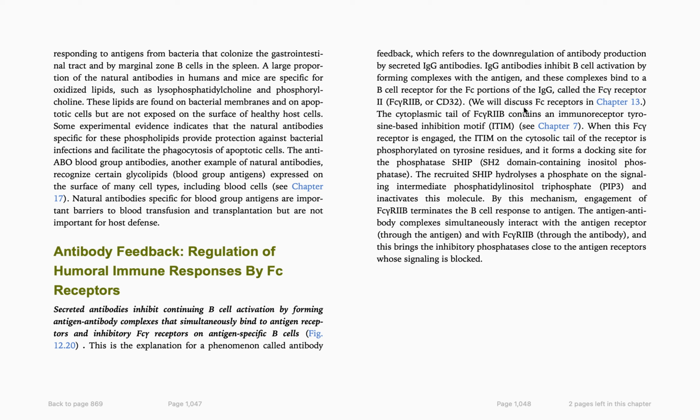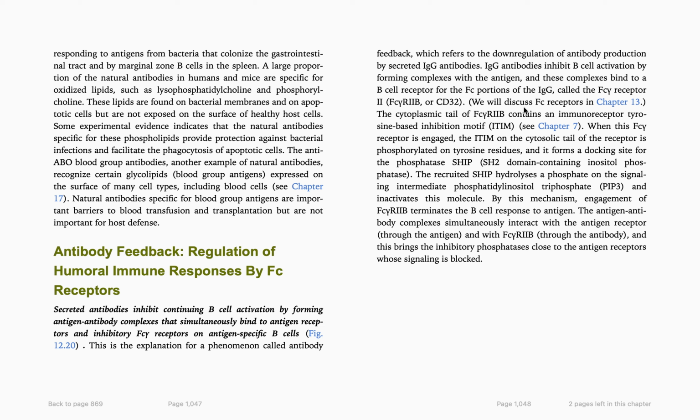The recruited SHIP hydrolyzes a phosphate on the signaling intermediate phosphatidylinositol triphosphate and inactivates this molecule. By this mechanism, engagement of Fc gamma RIIB terminates the B cell response to antigen.